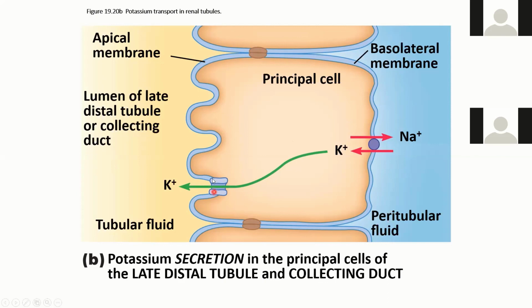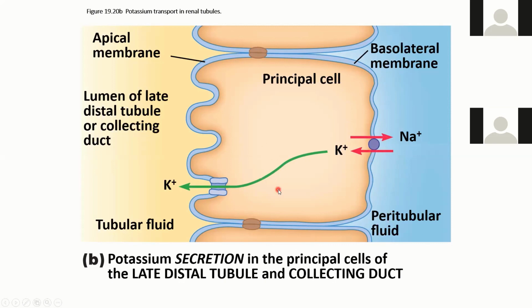But now that we have a channel in the apical membrane of our principal cell in the distal tubule or collecting duct, potassium is able to move down its concentration gradient from the epithelial cell into the tubular fluid. So this diagram is actually showing us secretion. The secretion here is still happening on the apical membrane. It's happening passively. It's being actively set up by our sodium-potassium pump, like almost everything else.